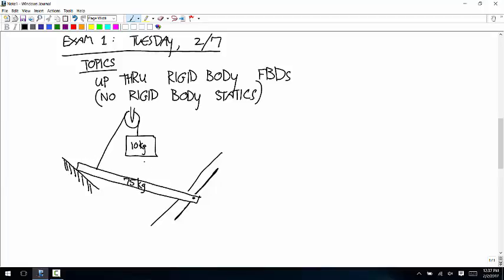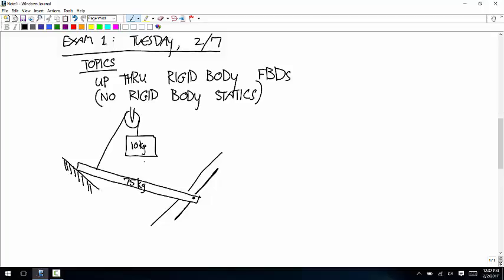So how many equations are you going to get out of this? Did someone say 2 and someone say 4? You're going to get 3. So your average answer is just right. You're going to get 2 from Newton's second law and 1 from the rotational equation.